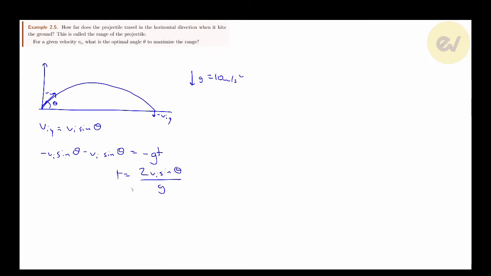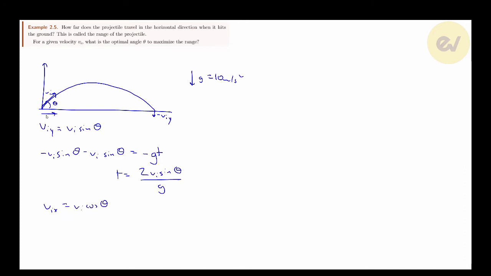Okay, well now that we know the time the object is in the air, we can figure out the distance it travels, since again horizontal velocity is constant because there's only a vertical acceleration. There's no horizontal acceleration in projectile problems like these. So the initial x velocity is equal to v_i times cosine theta.